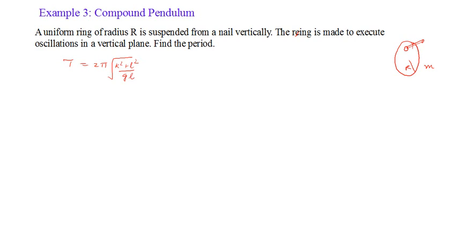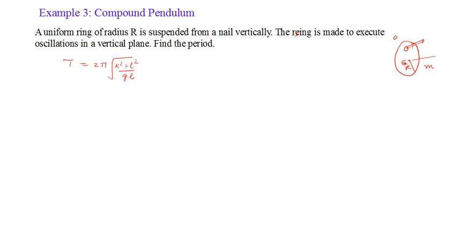Now you can find out the time period if you know the radius of gyration of this object. So this is the O here, and let me say this is the center, C or something like that. For this uniform ring, the center of gravity will be lying at the geometrical center, G. This will be the center of mass axis.